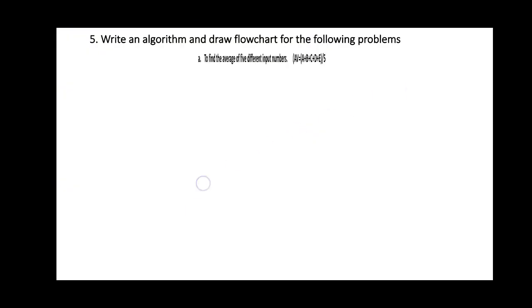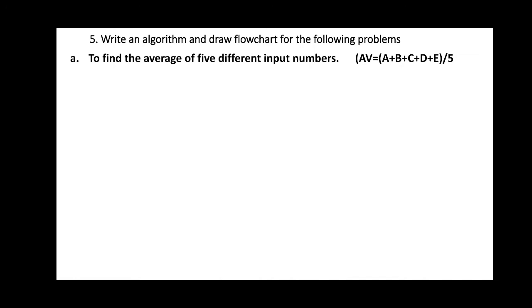Okay, so we have a question: to find the average of five different inputs. To calculate an average, we must first calculate the total sum of all the numbers, and then divide by how many numbers there are.